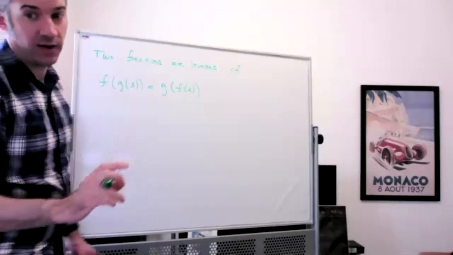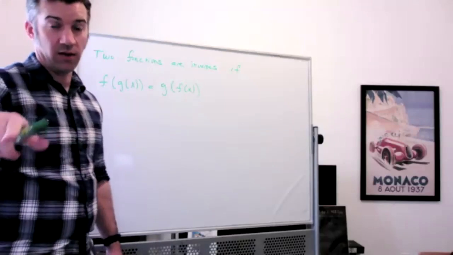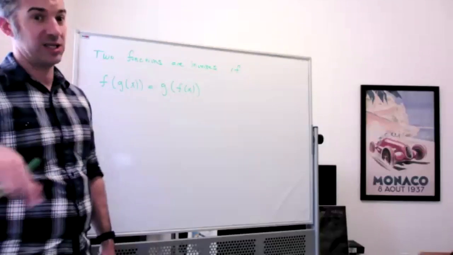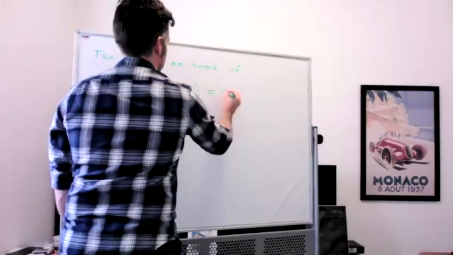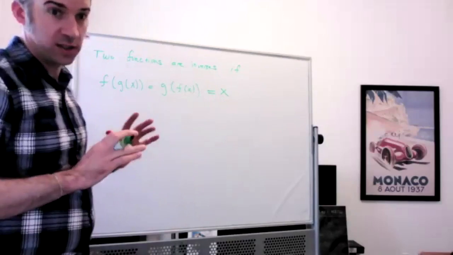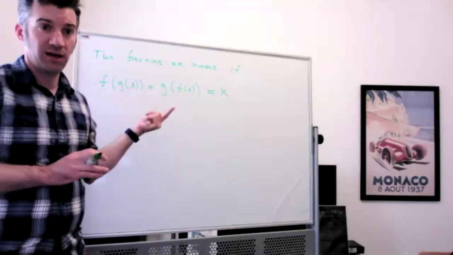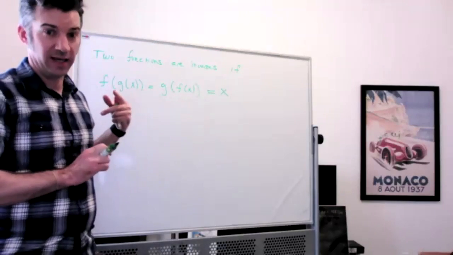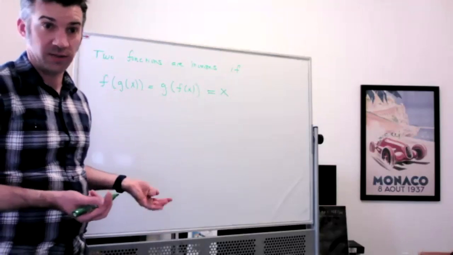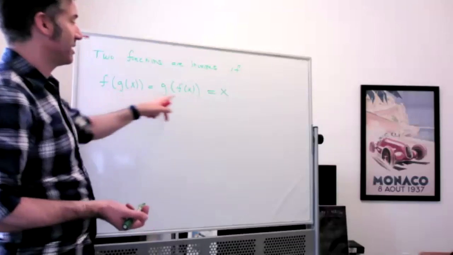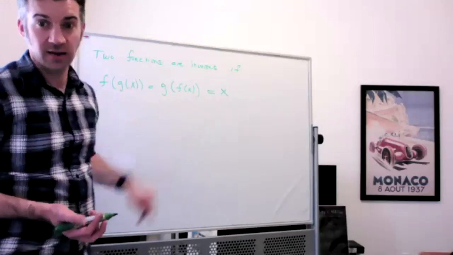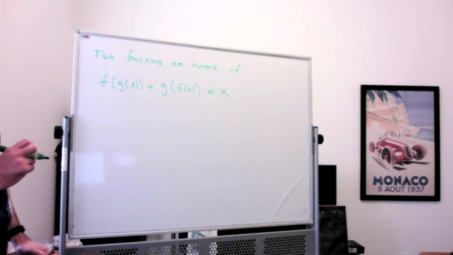So I should point out, in the notes that are online, it actually doesn't say it's equal to x. It should actually be equal to x. There are some functions that when you compose them with each other, they are equal to each other without being equal to x. Those are not inverse functions. So f of g of x equals g of f of x equals x. Those functions are inverses.